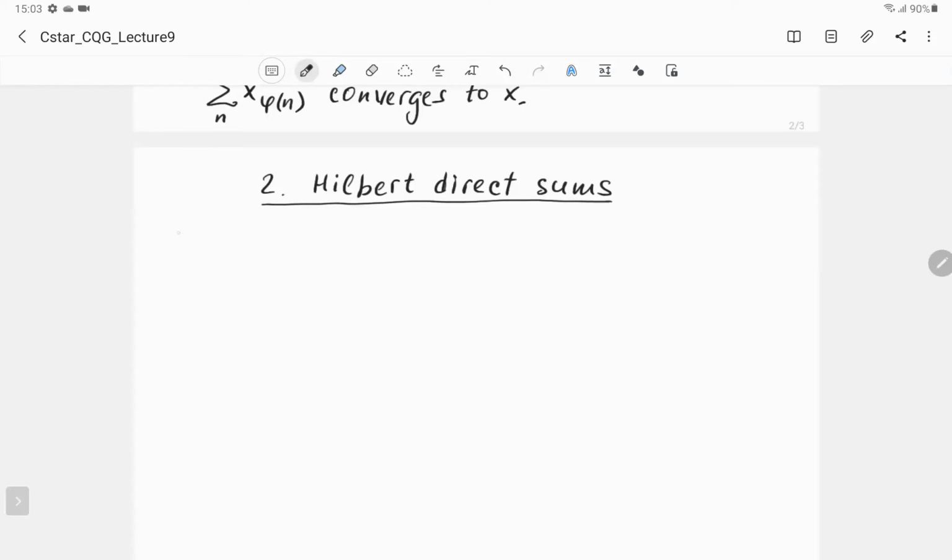Suppose that we have a family of Hilbert spaces H_i.